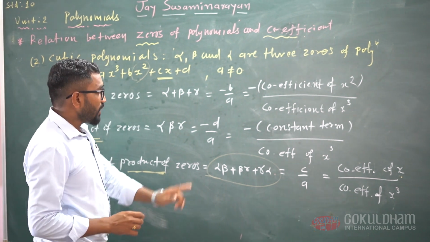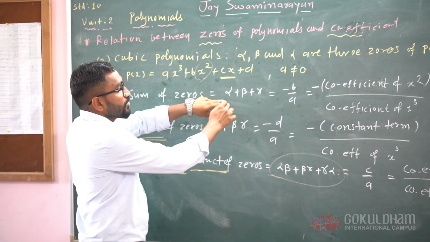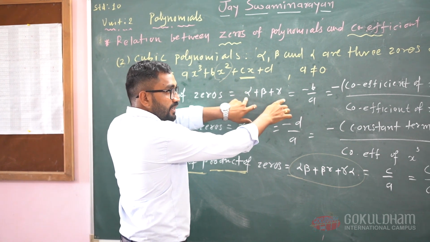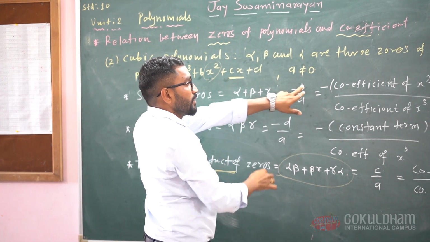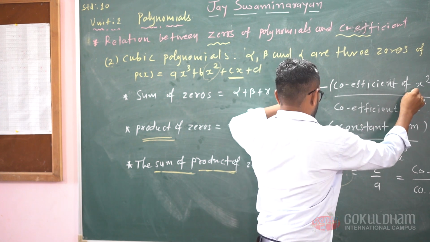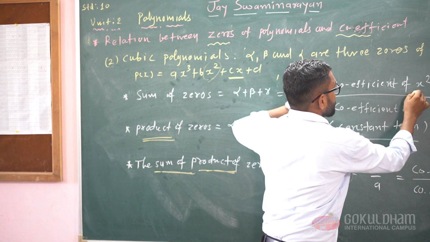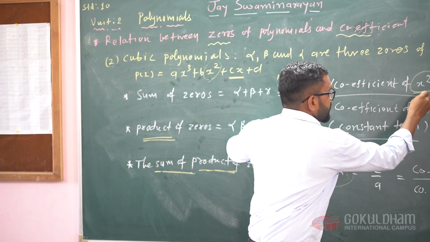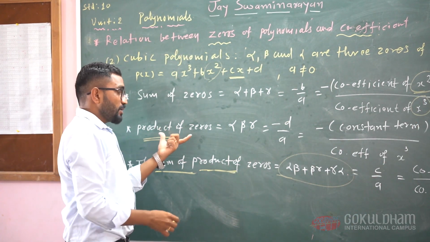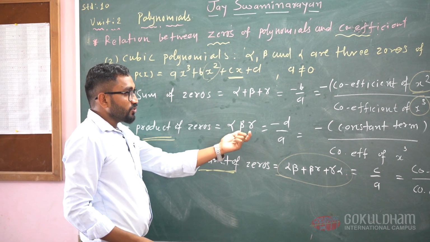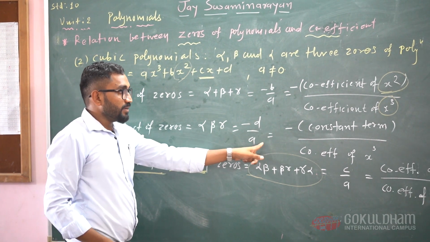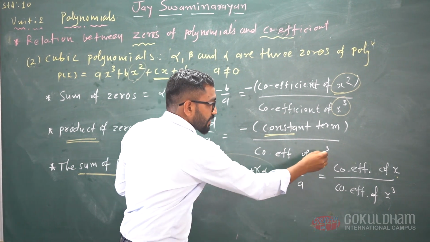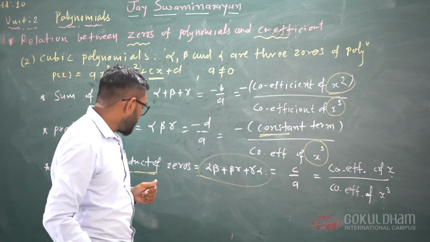Okay, now I repeat again. The sum of zeros, alpha plus beta plus gamma, equals minus b by a, where b is the coefficient of x square and a is the coefficient of x cube. The product of zeros, alpha into beta into gamma, equals minus d by a, where d is the constant term and a is again the coefficient of x cube.